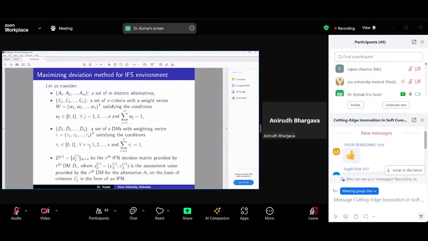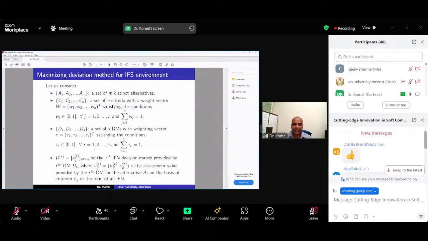The Rth decision maker provides information in terms of a matrix denoted by D with superscript R. Here the superscript represents the decision maker, the Rth decision maker, and the entries are Aij. Here i represents the row, that means the alternative, and j represents the column, that means the criteria.